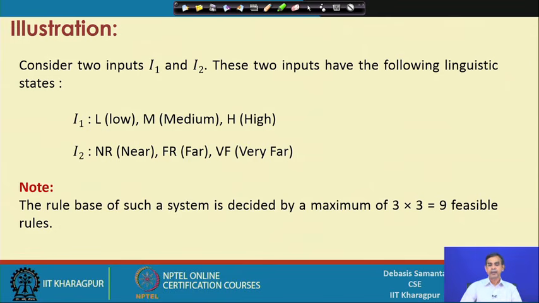Now, if we follow the rule-based matrix for this, how many rules does it have? In total, 9 rules.